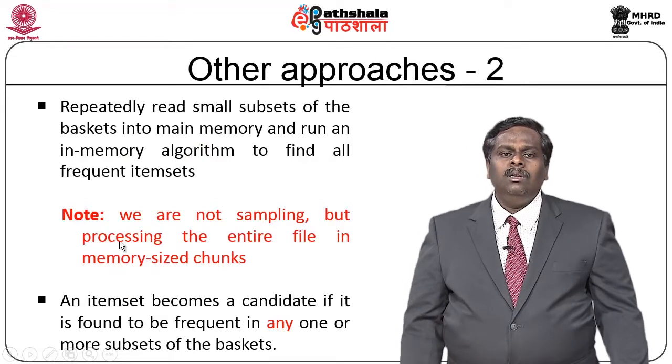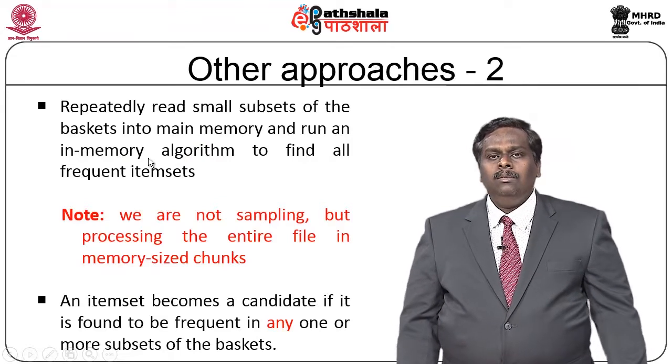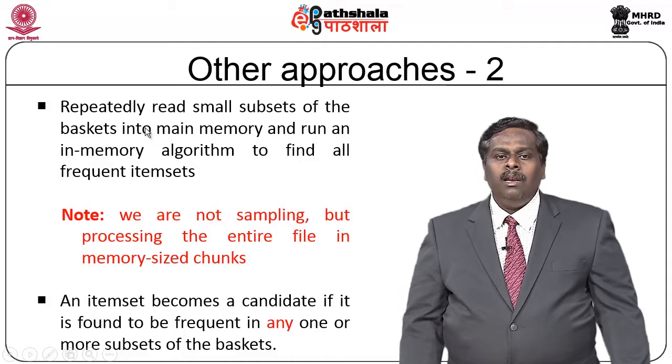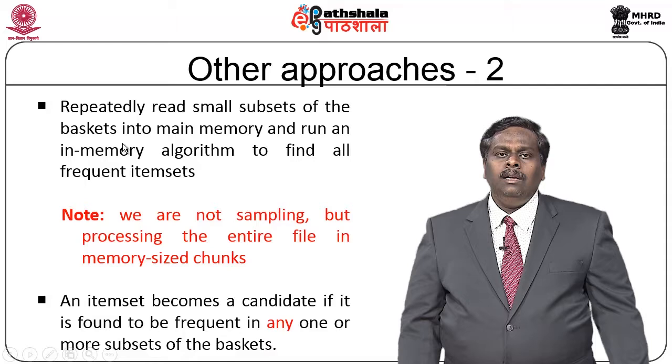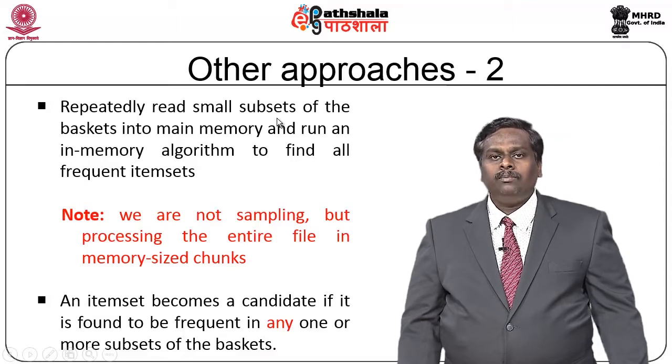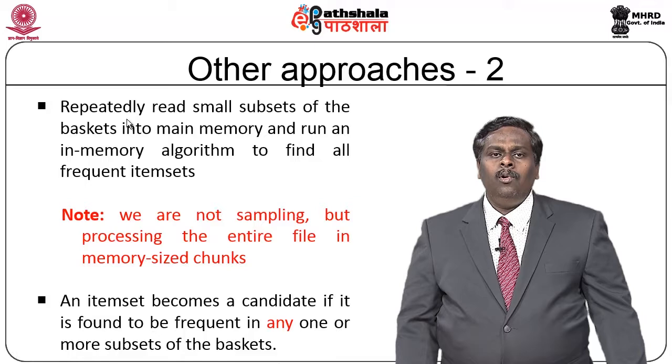Another approach is, instead of working on one bucket, I can repeatedly read small subsets from a given basket, place them into the main memory, and then run the existing a priori algorithm. But here we are not sampling; instead we are reading the same basket more than once.